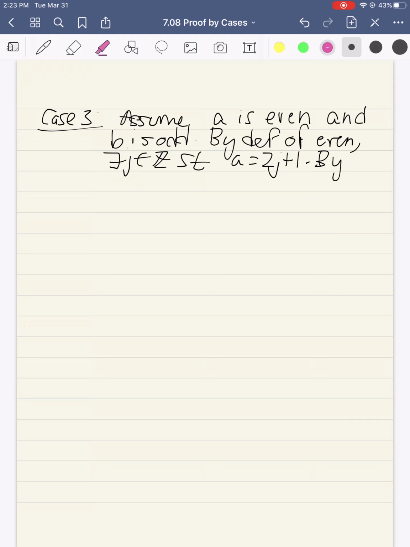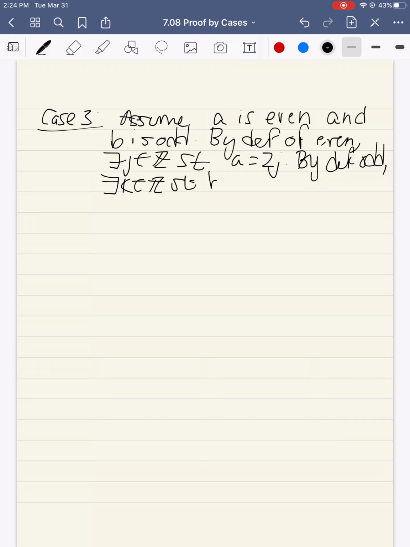Then, by definition of odd, there exists a k, an integer, such that b equals 2k plus 1. So this is our definition of odd here.